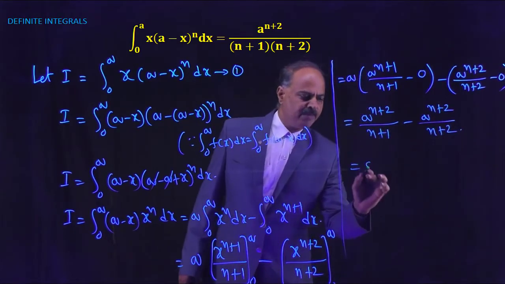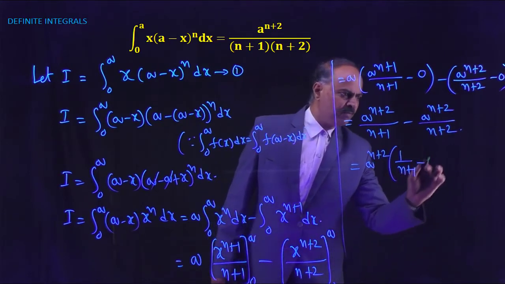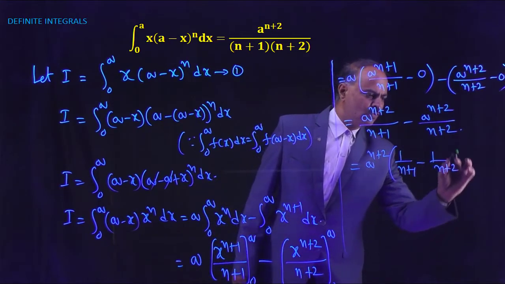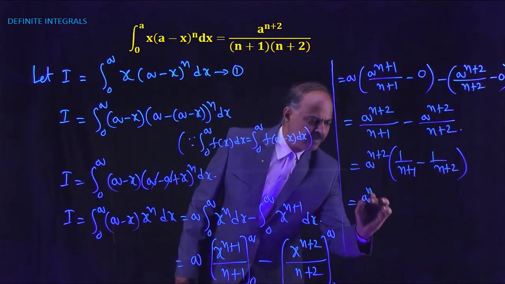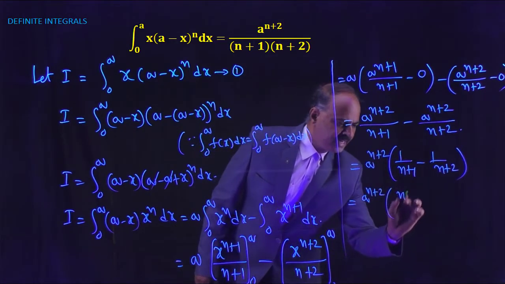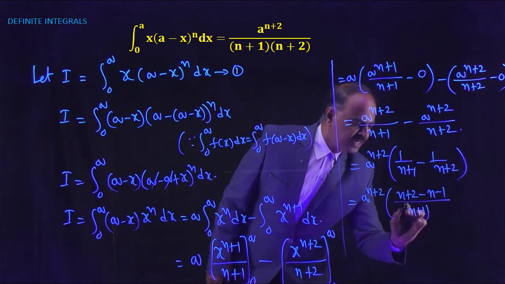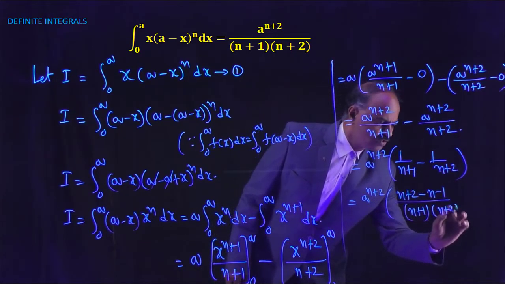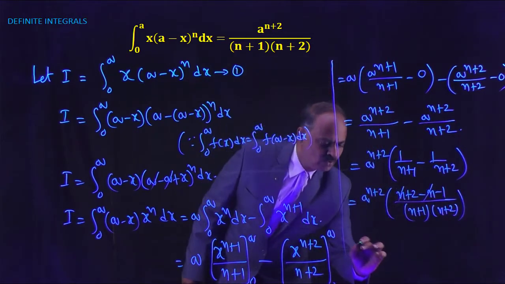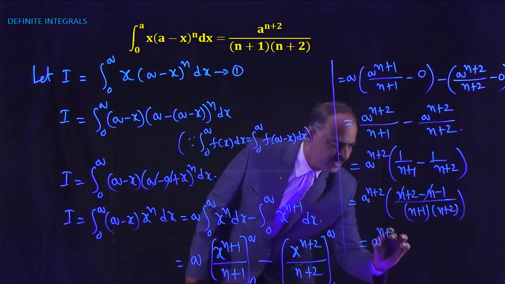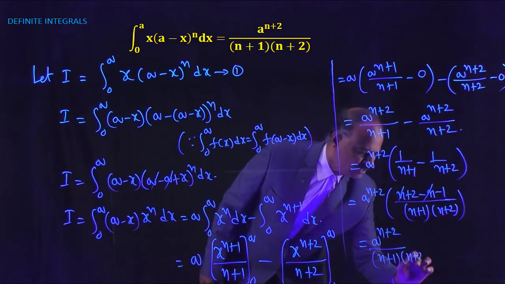So a power n plus 2 is common: 1 by n plus 1 minus 1 by n plus 2. Now this is a to the power n plus 2 into (n plus 2 minus n minus 1) by (n plus 1) into (n plus 2). So minus n and plus n get cancelled, which gives a to the power n plus 2 by (n plus 1) into (n plus 2).